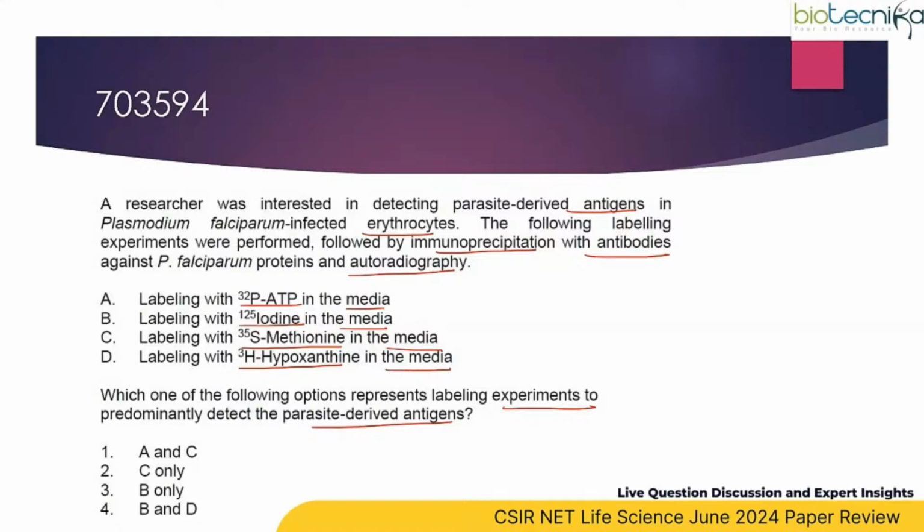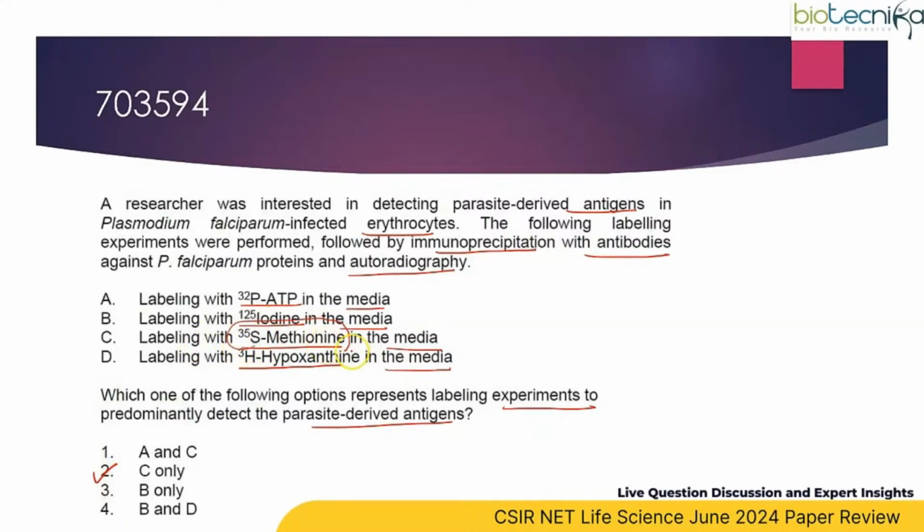If you are well versed with unit 13, where we use different types of radioactive elements, you can solve this question. The right answer will be option 2. C will be used.